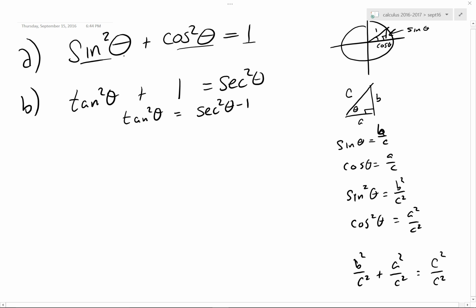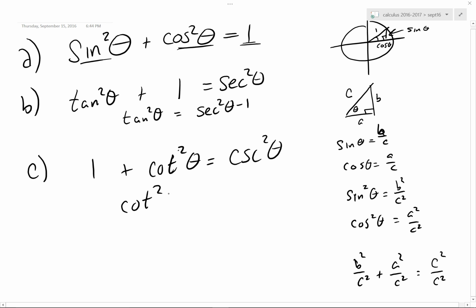Now going back to this problem up here, what if you divided everybody by sine squared? Well, you would get 1 plus cotangent squared is equal to cosecant squared. And of course, you could then solve that around another way.